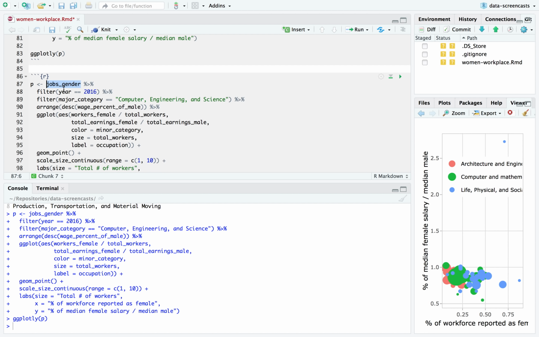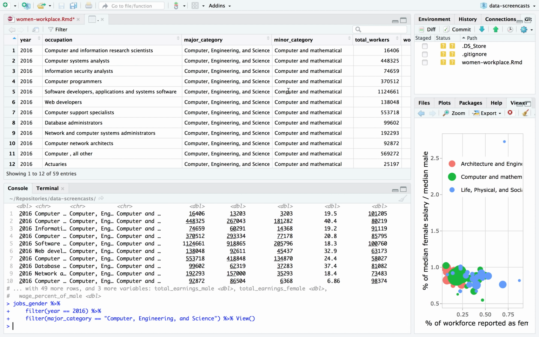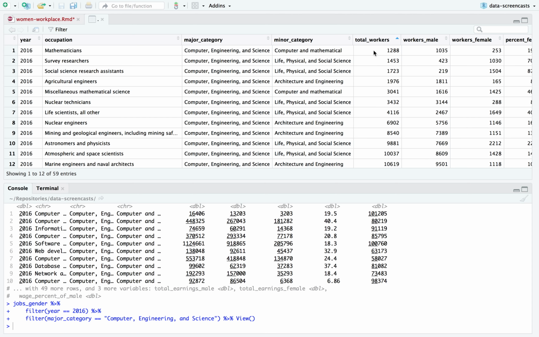Let me see. But first, I do want to take a closer look at what that would remove. So I can sort by, here we are. The only 4 ones to remove would be like mathematicians, survey researchers, social science research assistants, agricultural engineers. It's strange to me. It says there are only 1,200 mathematicians in the country.